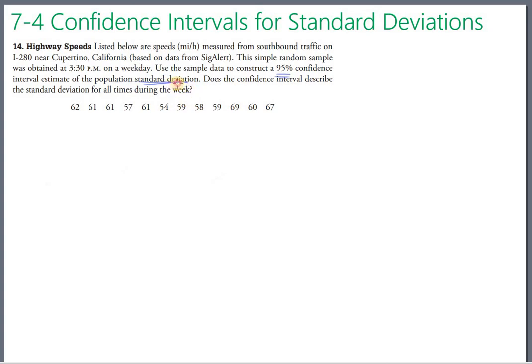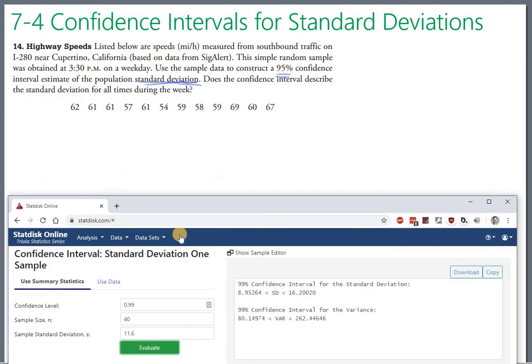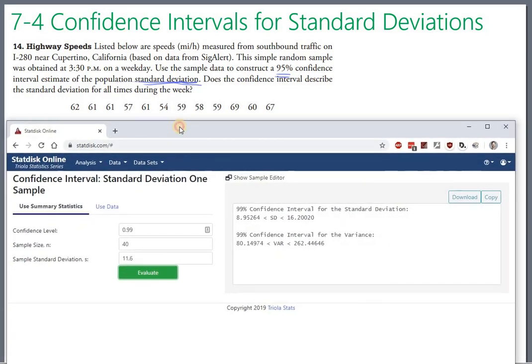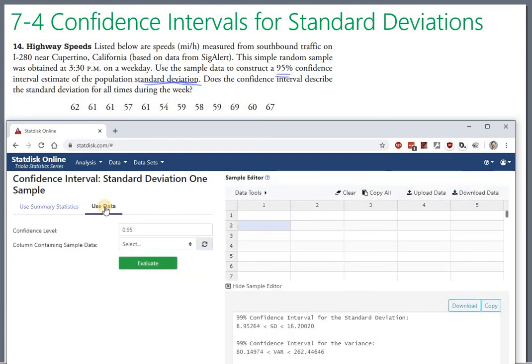This is an interval for standard deviation. So when the test rolls around, make sure you're doing the interval for the right parameter. Okay, so let's go back to StatDisk. And this time, instead of using summary statistics, which I don't have, I'm going to say use data.